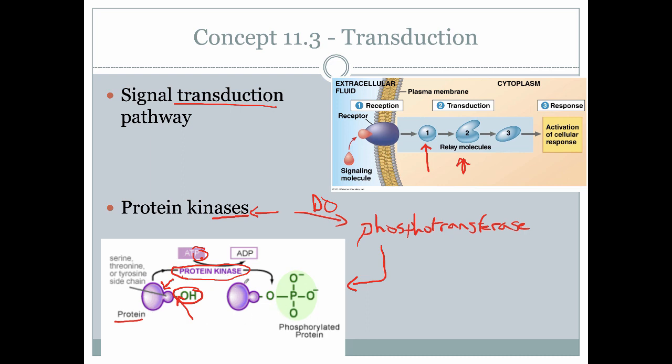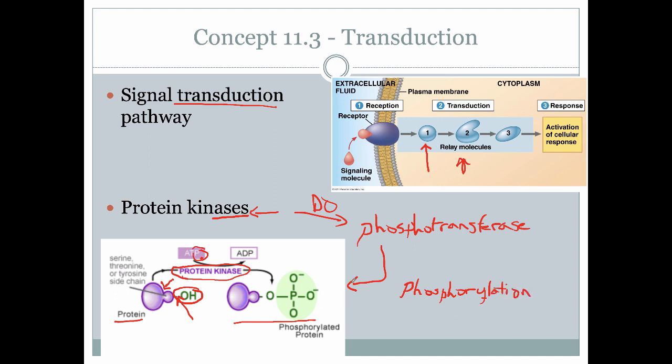And so what you get as part of this reaction is you get production of ADP, of course, because you've removed one of the phosphates from ATP and transferred it to the protein. And then the result is you get something called a phosphorylated protein. So let's talk about some terminology. This is called phosphotransferase. This is also termed phosphorylation. I know it's hard to see with my writing, but phosphorylation.